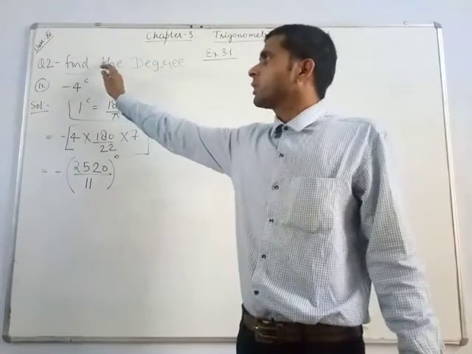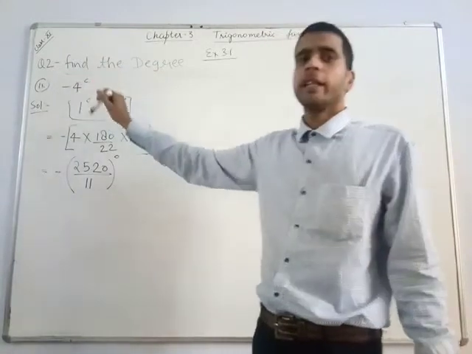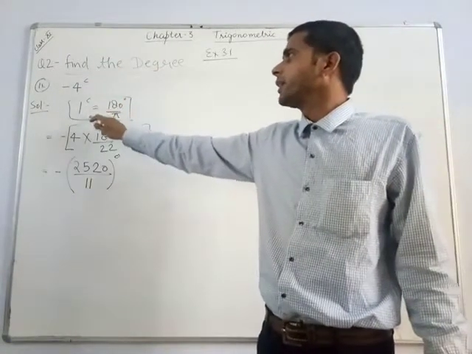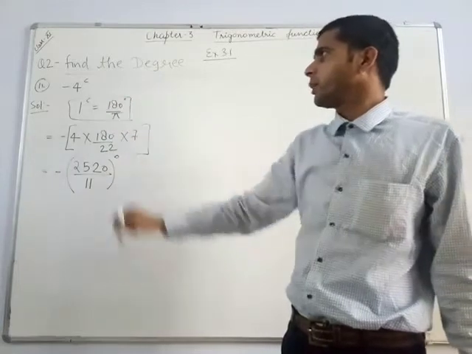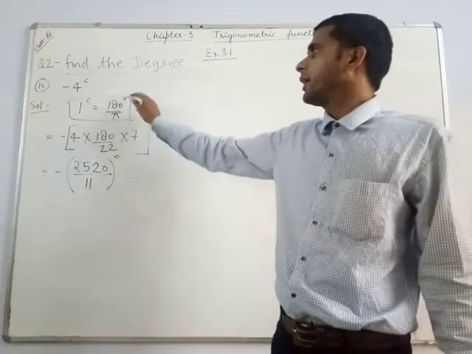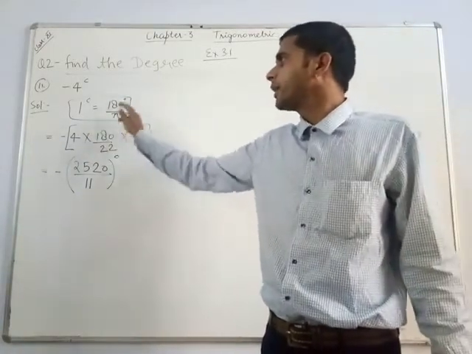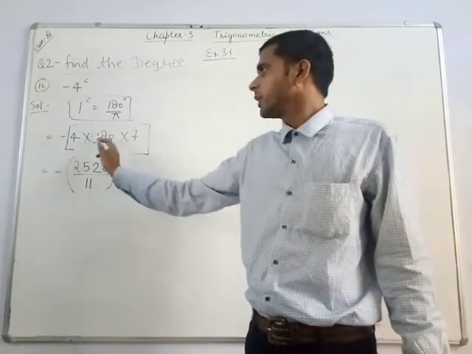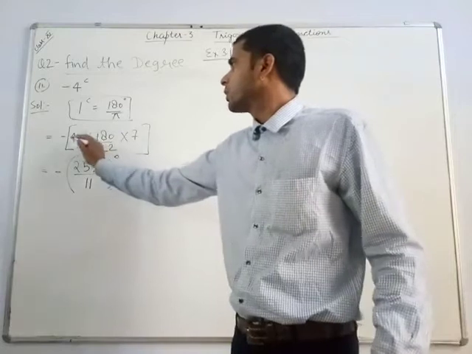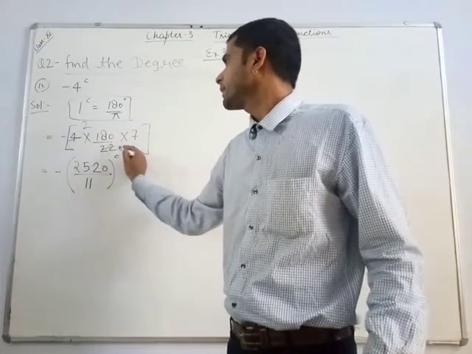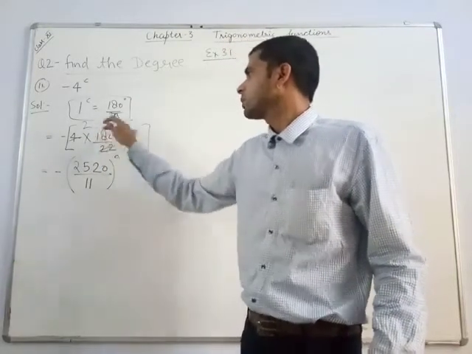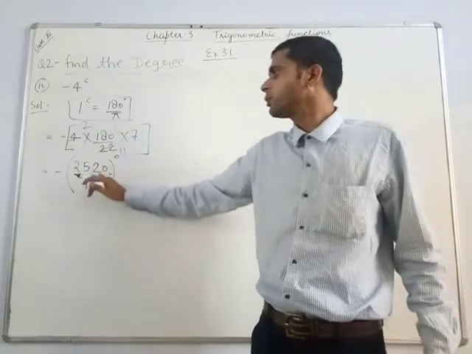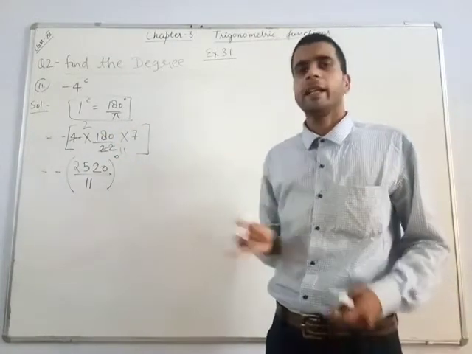Then question number 2, second part, minus 4 radian. So 1 radian equal to 180 upon pi degree. So 4 into 180 upon pi, with pi as 22 upon 7, is 180 into 7 into 2, 2520 upon 11.